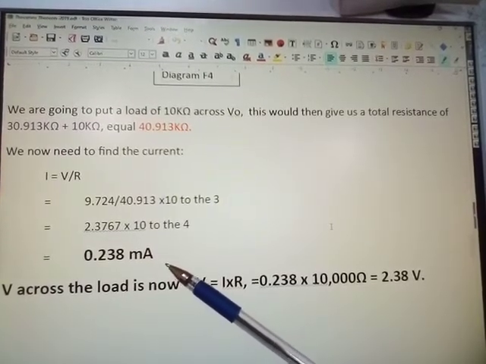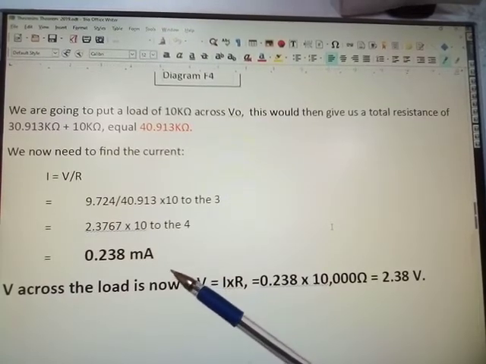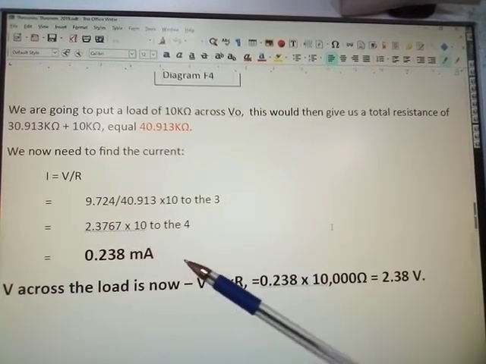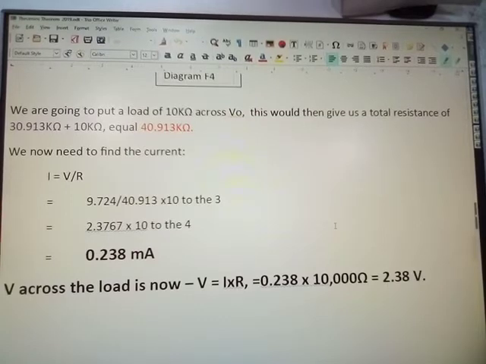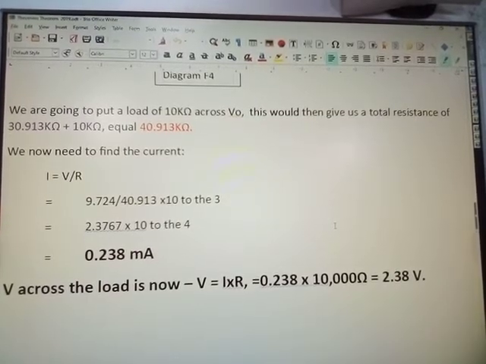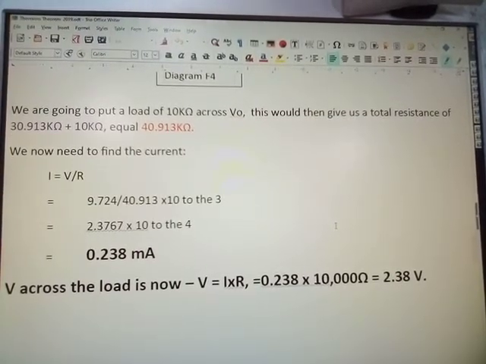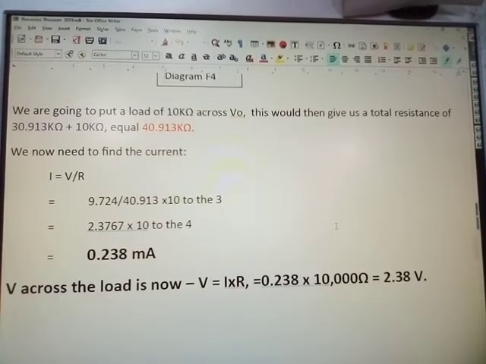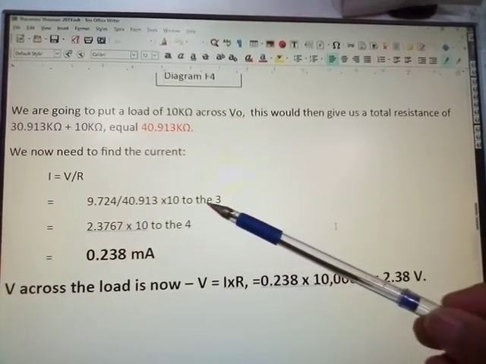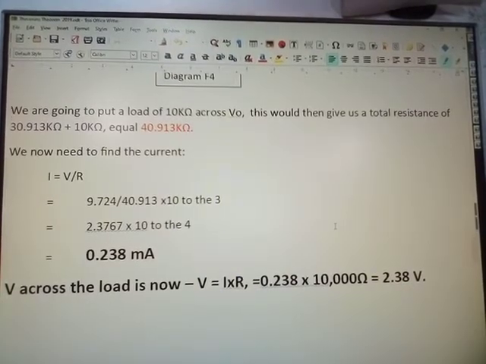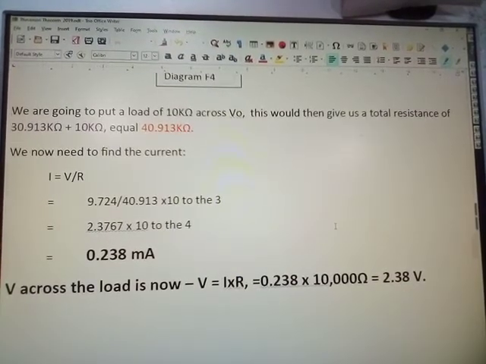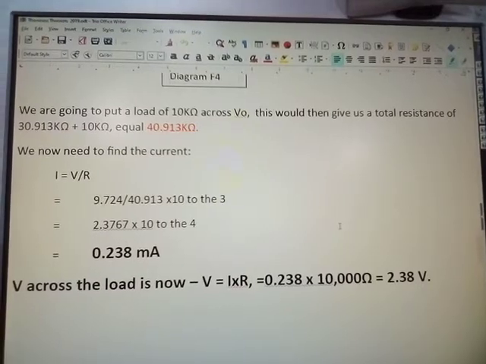But you have to bear with me, the reason would have been long lost by now. But it could be right for 0.238 milliamps, because it is 10 to the 4. But make sure you've put it into the calculator and you have arrived at something like this. Now, if you follow the formulations, there is no reason to get this wrong.